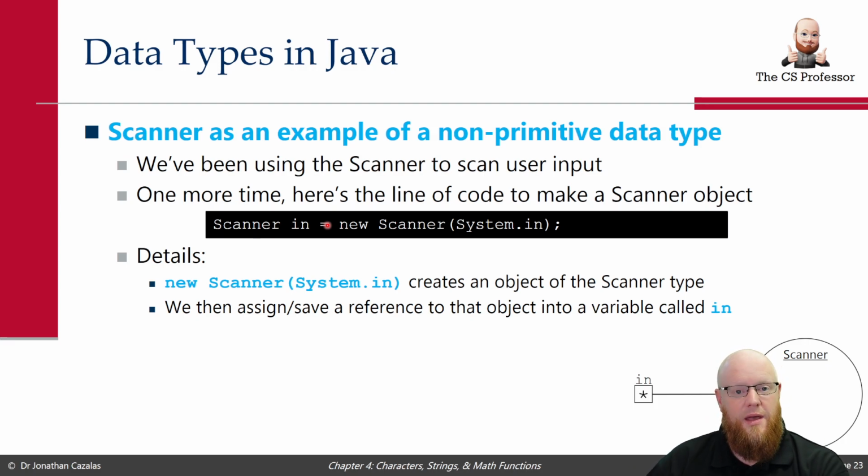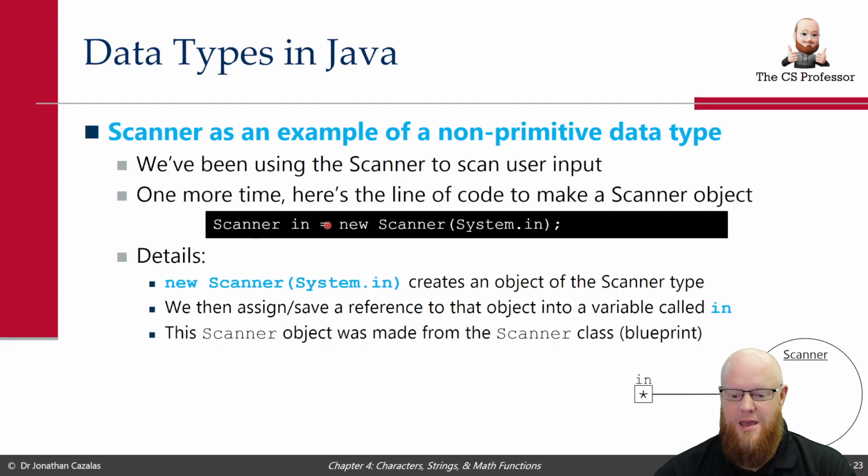It's in memory, and we're saving the address of that object, where it's found in memory, inside the variable in. And what is the variable in? It's our Scanner variable. It's the data type Scanner, and it stores an address. In Java terminology, we say reference, but it stores a reference or an address of that scanner object.